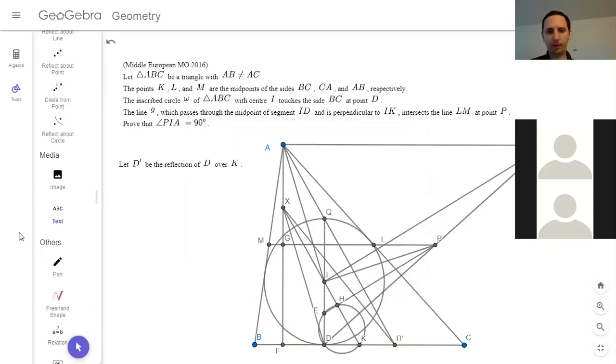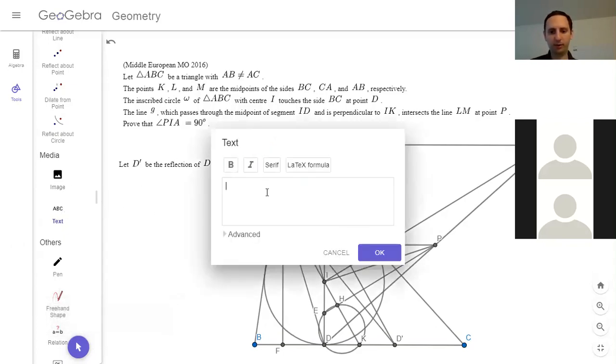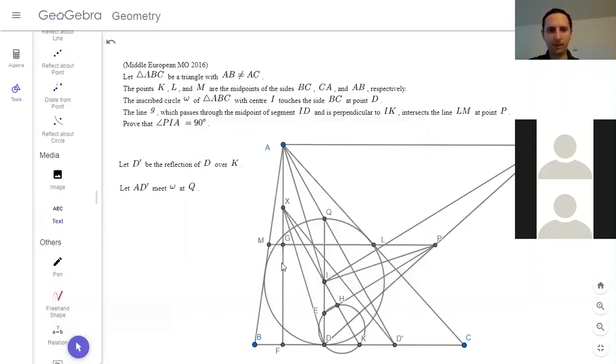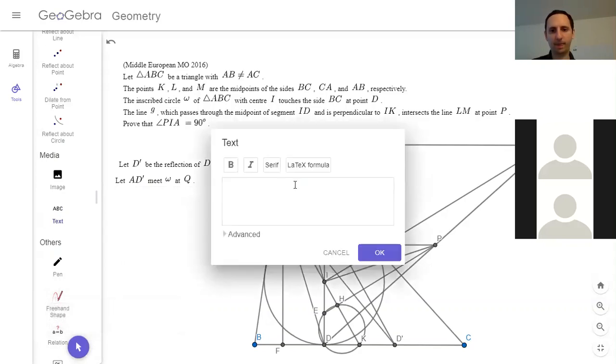Let AD' meet the incircle omega at Q. By the video on the IM lemma, A, Q, and D' are collinear. Or I should say D, I, and Q are collinear.